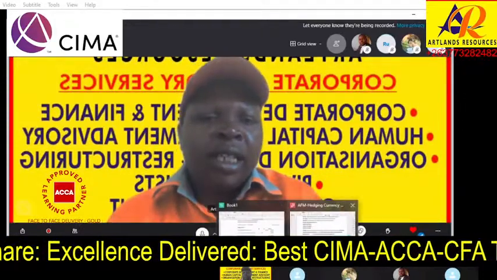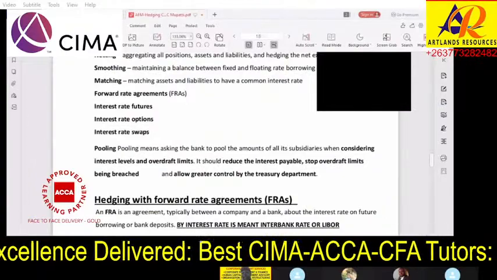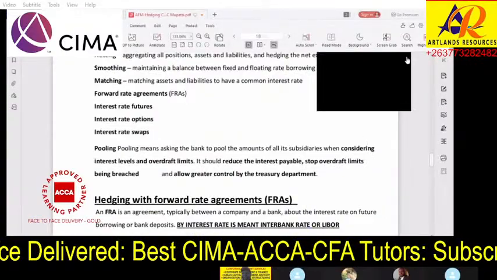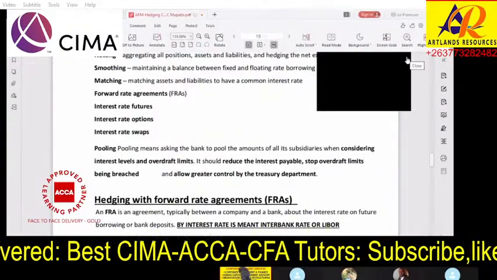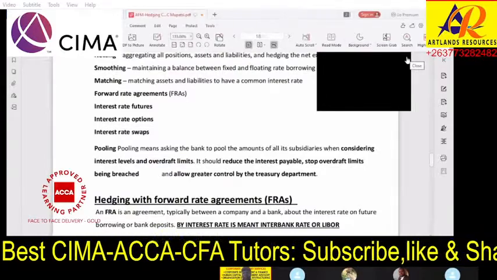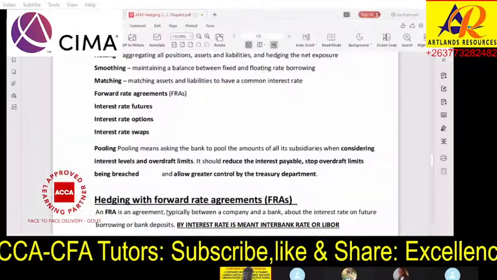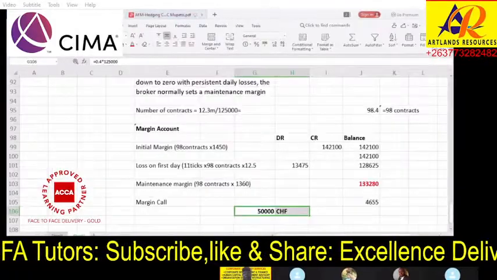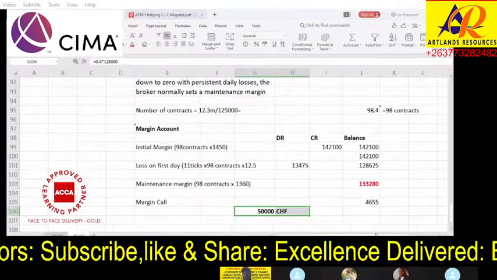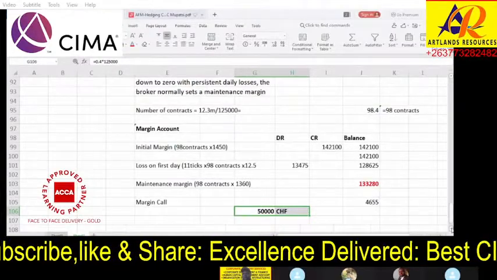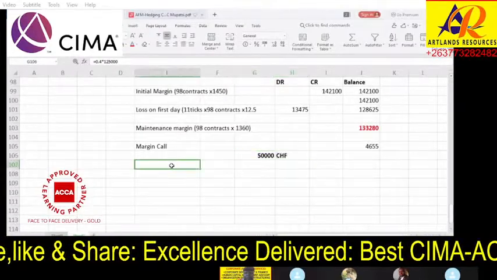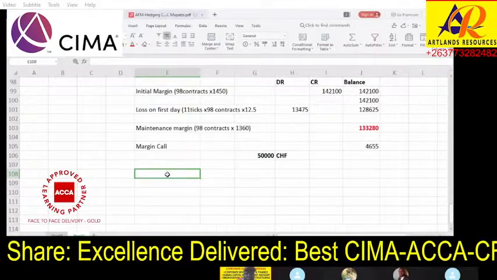So let us now go step by step using forward rate agreements. How do you hedge interest rate risk when you're using forward rate agreements? This time it's not a forward exchange contract. You can see we are saying forward rate agreement. I'm back to my Excel here.